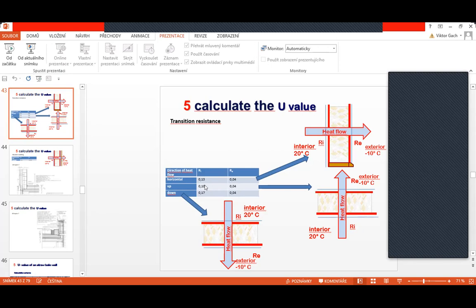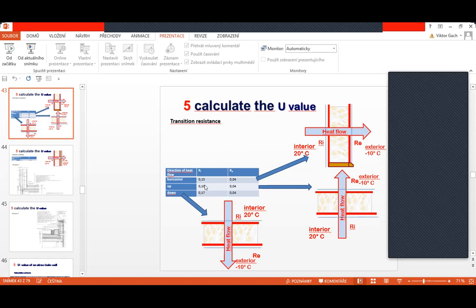It's a little bit lower, this resistance. And when you have heat flow down, for example a ceiling above a street or a ventilated foundation with a ventilated layer below, it's 0.17, this resistance value. That got tested somehow, and now these numbers are given. Yes, it was measured and calculated, and now it's in standards like this.